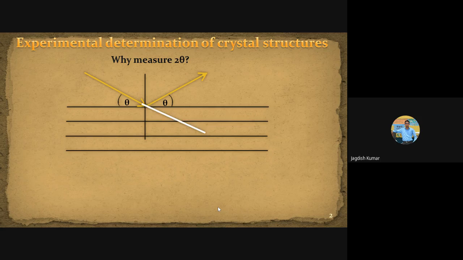And if we produce this path of the X-rays straight, then when you are performing an X-ray diffraction experiment, you will be able to detect one undeviated beam of X-rays, which is directly along the incident path.